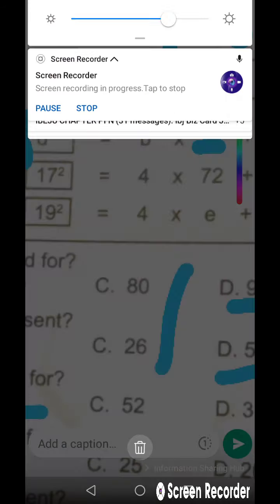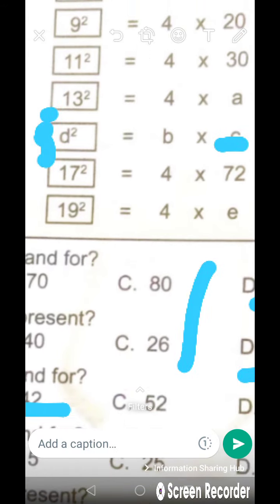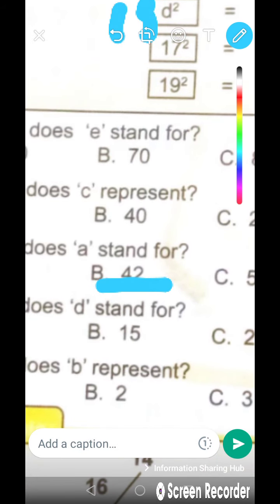Sorry, I'm messing up the screen. Let me clean it up. So I said, what does D stand for? D stands for 15. So let's mark our answer as 15.